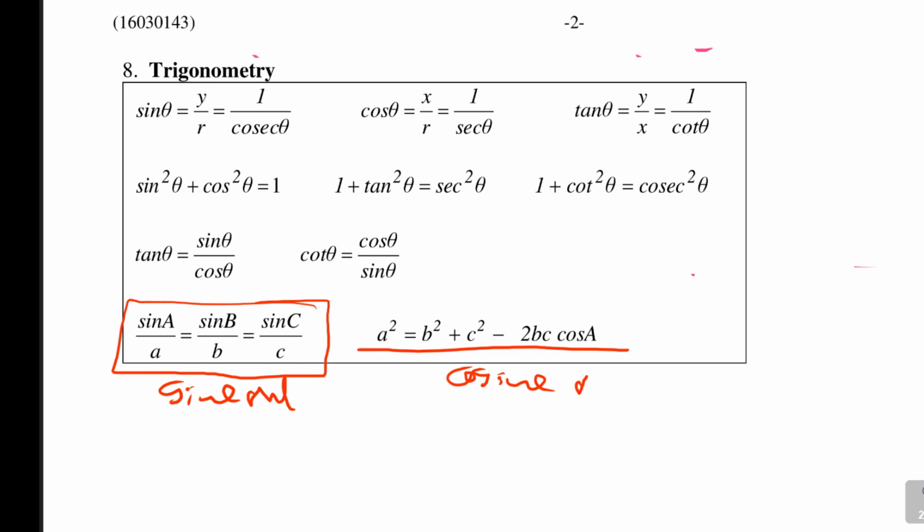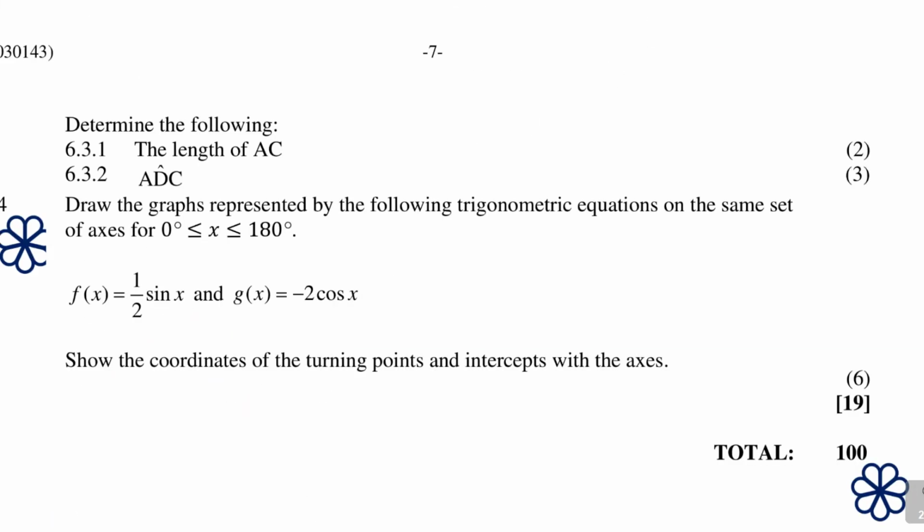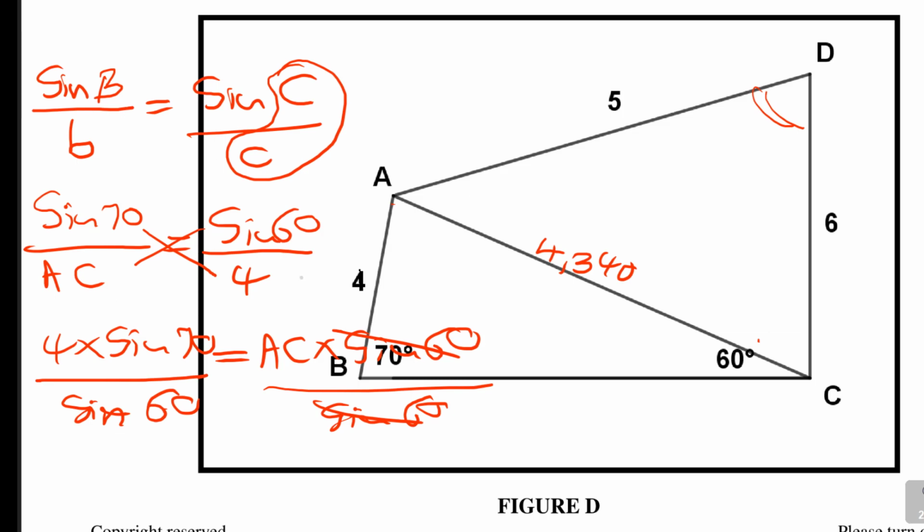The rule says if you find an angle A over side A is equal to angle B over side B equal to angle C over side C, if one is missing, you can find it through the rule. So what I'm calculating here is a length. You are given 2 angles and a side.